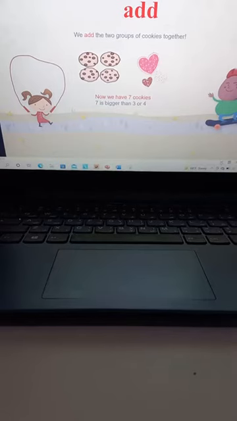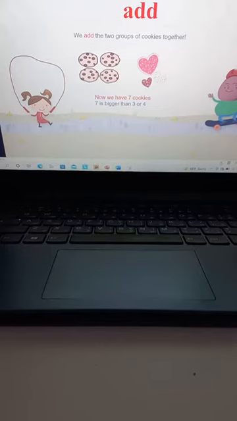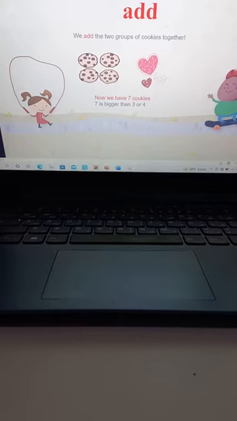The total number of cookies we have is 7. Is 7 bigger than 3? Yes, of course, 7 is bigger than 3. Is 7 bigger than 4? Yes, 7 is bigger than 4. Amazing. So now you know that whenever we add two numbers together, we always get a bigger number. Okay?